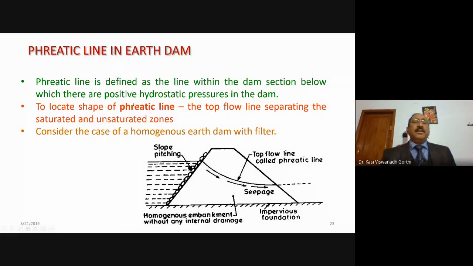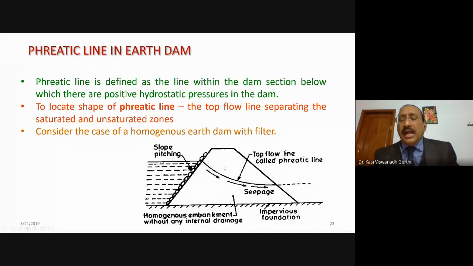Let us start from the definition. It is the line within the dam section below which there are positive hydrostatic pressures in the dam. This is what is the phreatic line. You can see here in the figure, this is the top flow line, also called the phreatic line or seepage line, which will be separating the saturated portion and unsaturated portion of the earthen embankment.